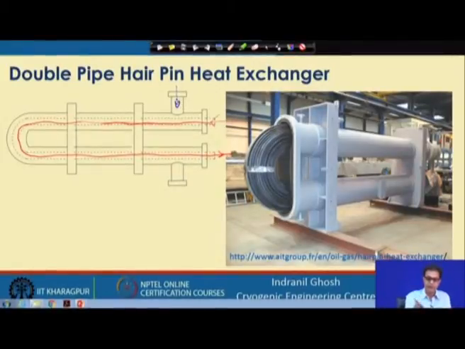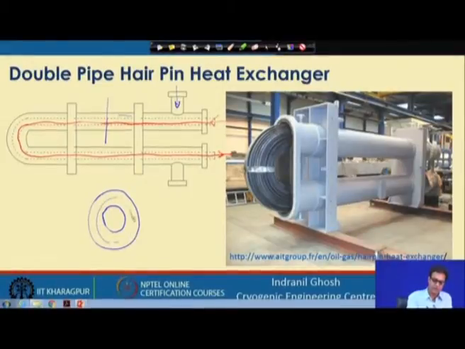It will enter into this heat exchanger, then it will flow through this annular space. If I take a cross sectional view of this one, we will find that there is an outer tube, this is the inner tube, and this is the annular space through which this blue color fluid is flowing, and finally it will move out through this end.